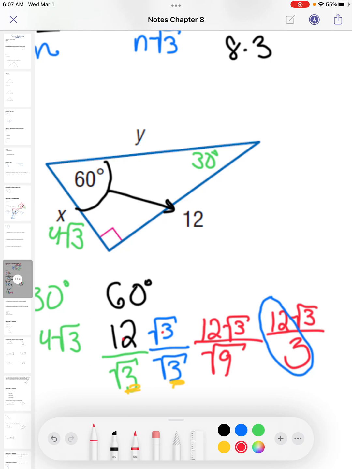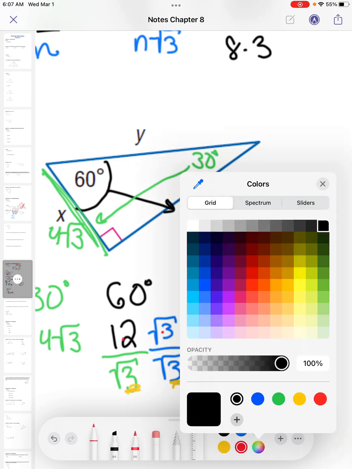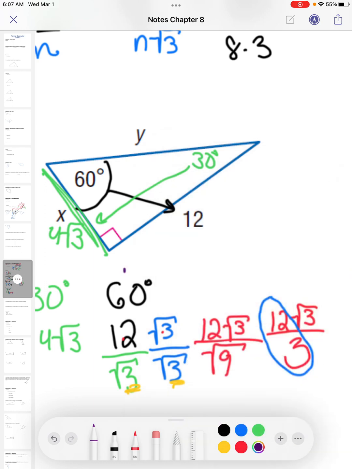So if my short leg, my 30 degree short leg, the one that's across from the 30 degrees, is 4 root 3, we know the hypotenuse is also going to have root 3 because it's double it.